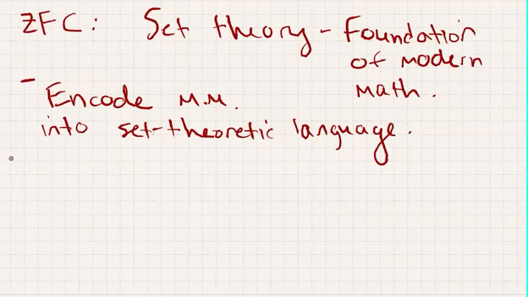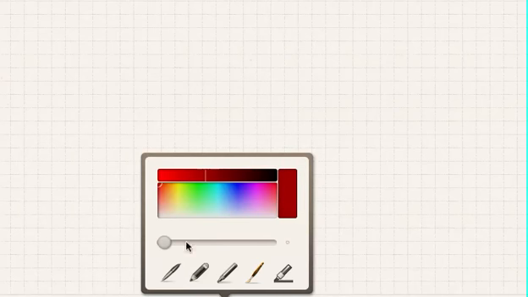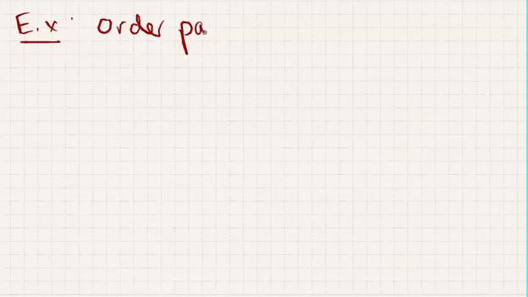For example, what if an important object in mathematics is an ordered pair? Or I guess an ordered n-tuple, but in particular an ordered pair.